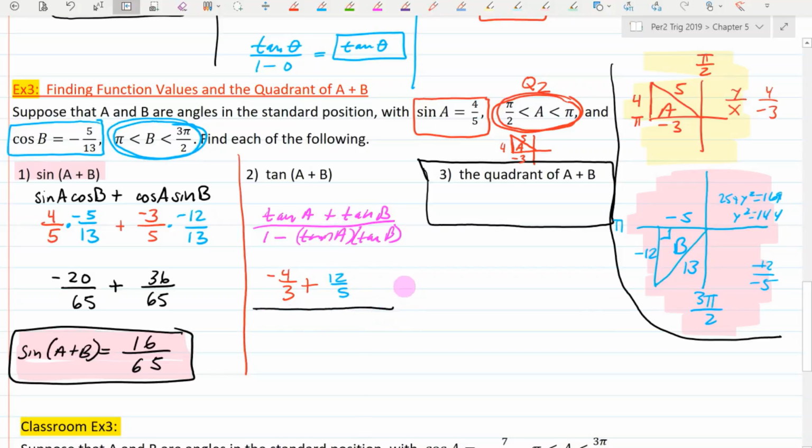In the denominator, I have 1 minus negative 4/3 times positive 12/5.